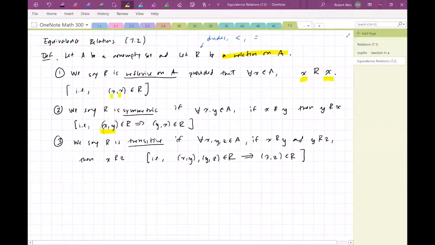If you had an ordered pair in the relation, you couldn't flip it around in general unless A and B were the same set.